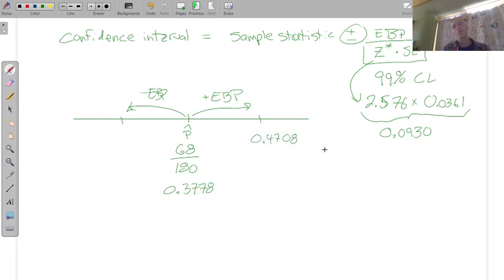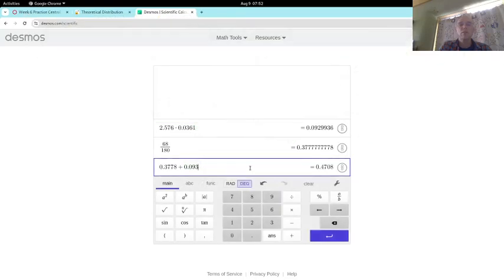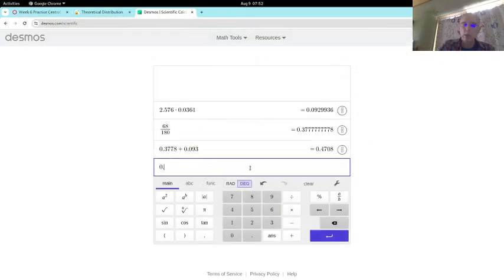So it could be about 47% is the high for the proportion of people who put the cap back on the toothpaste. And for our low, we subtract that margin of error, and we're going to get about 28.48%, or 0.2848.